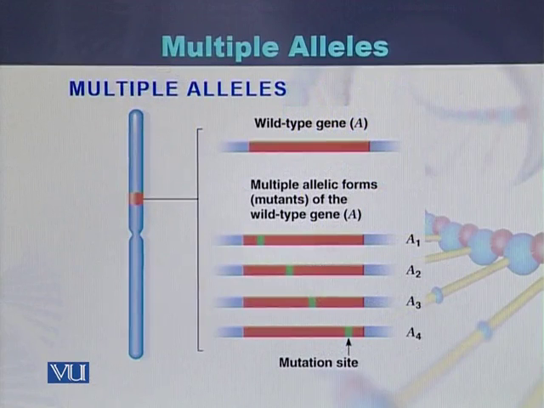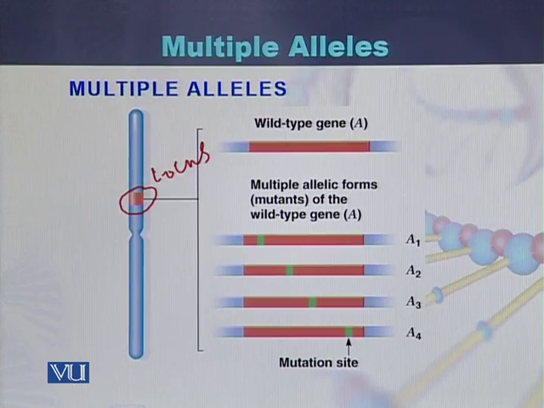If we try to understand this diagram, what is the concept of multiple alleles? In this diagram we can see a structure of a chromosome, and on the chromosome there is a position of a gene which is called the locus of that gene. So this is the locus where a gene is located.